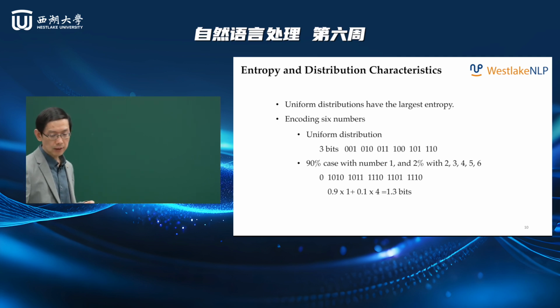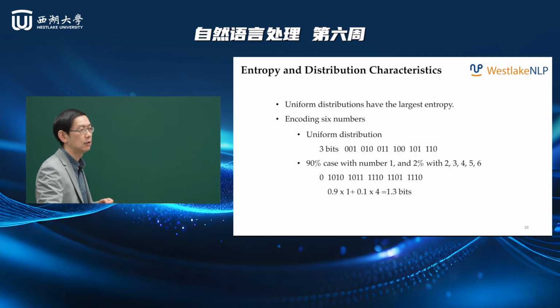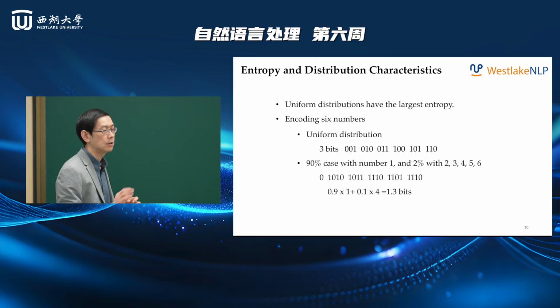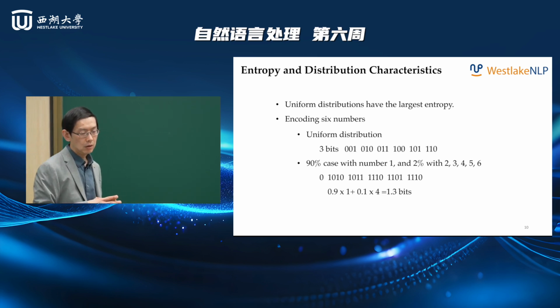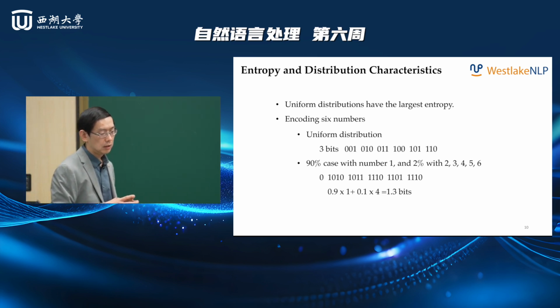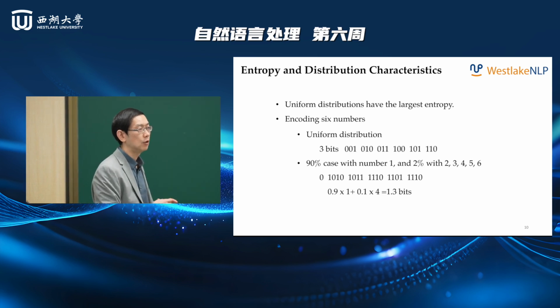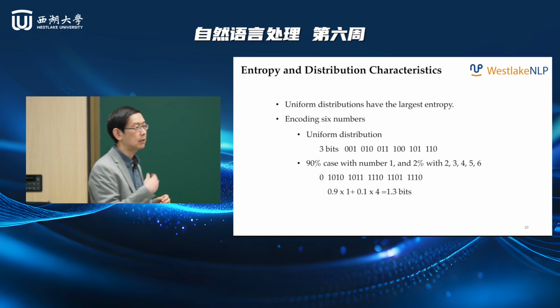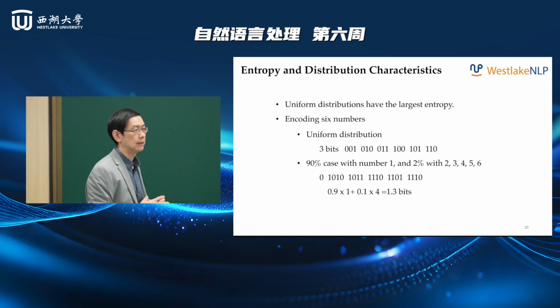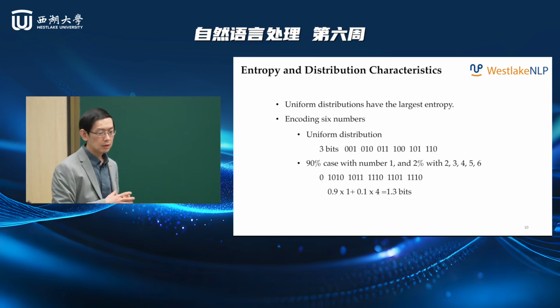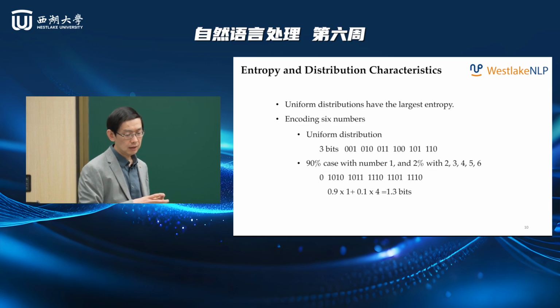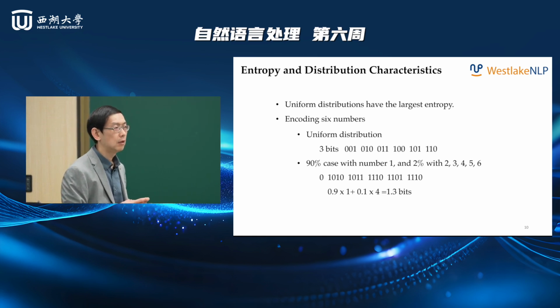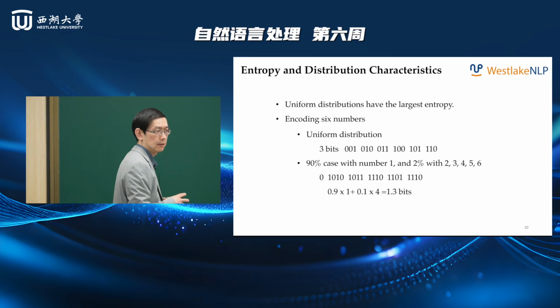So how many bits do I need on average to encode this long sequence of events? 90% of the time, you only need 1 bit, plus the other 10% of the time, you need 4 bits. So that will be 0.9 plus 0.4, which is equal to 1.3 bits.